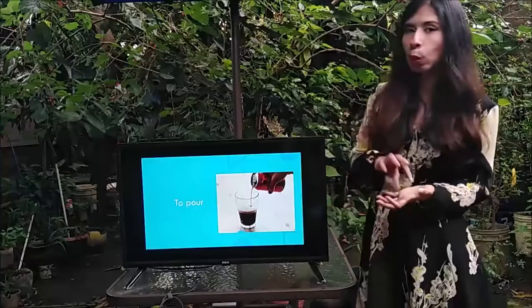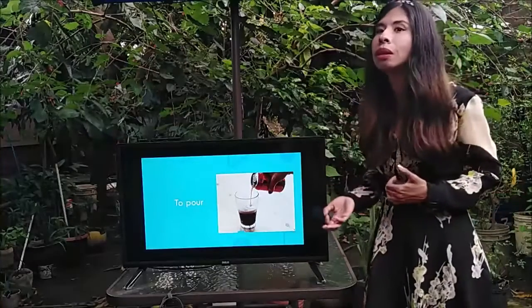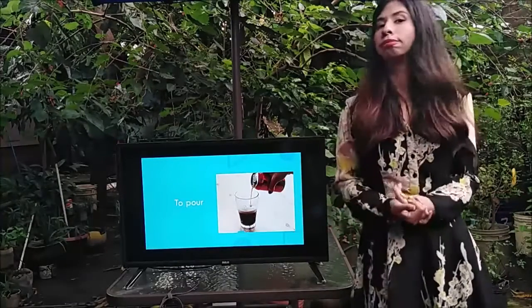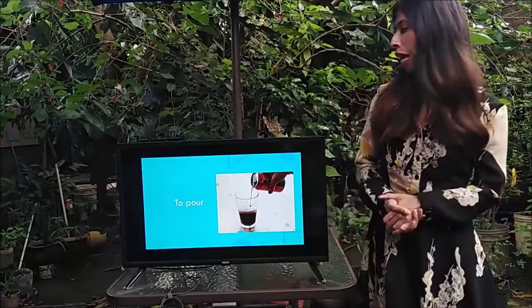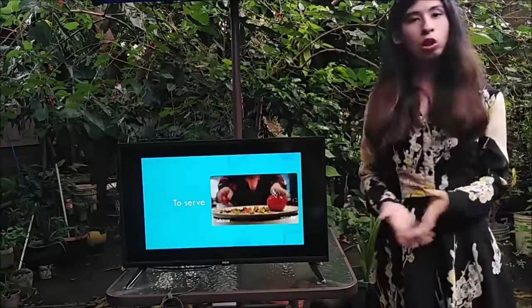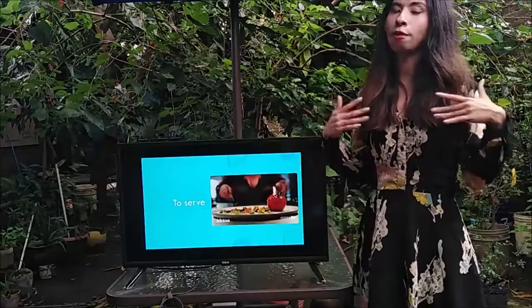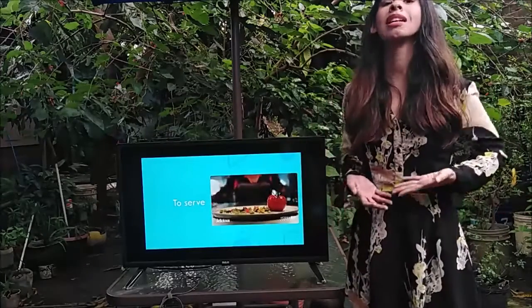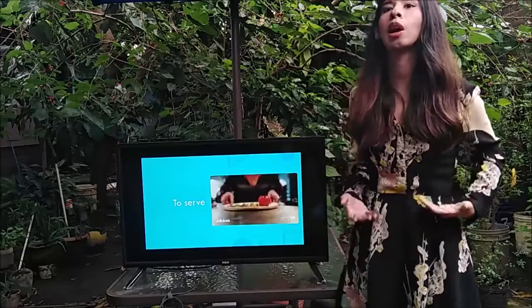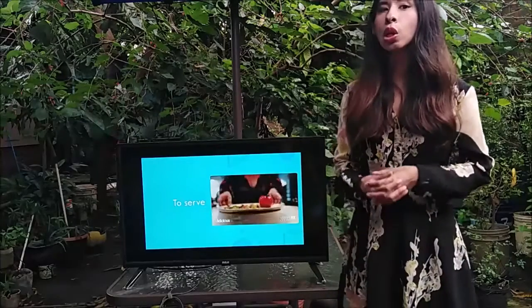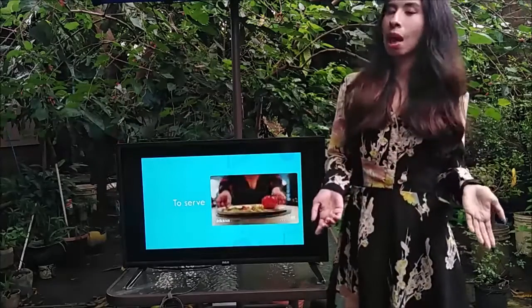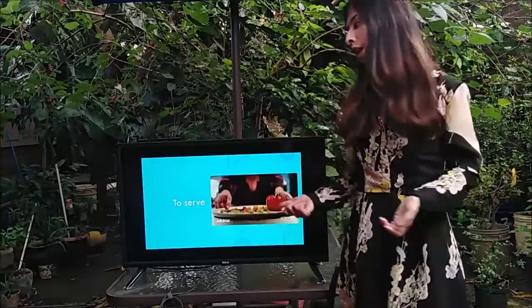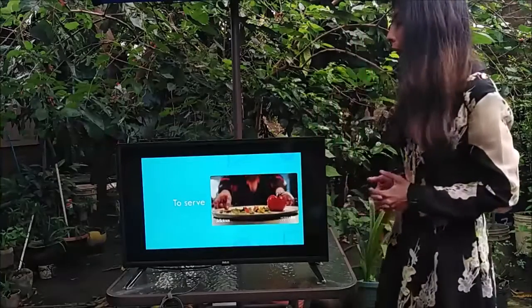So we can pour some water, we can pour some milk, we can pour Coke, anything that is liquid. And we have to serve. Once we have finished cooking or preparing a delicious food, we just serve it, right? Whenever we are giving the food to the people that will actually eat it, that is to serve.